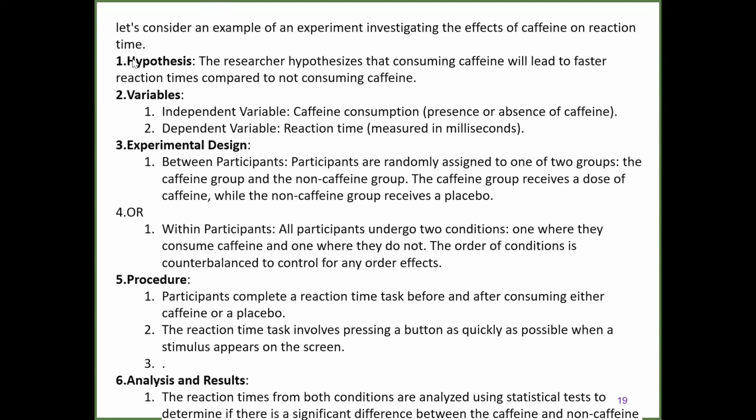In the experiment, we need to have a hypothesis, we need to identify variables, we need to give an experimental design and the procedure, and then finally the analysis, results, and conclusion come.